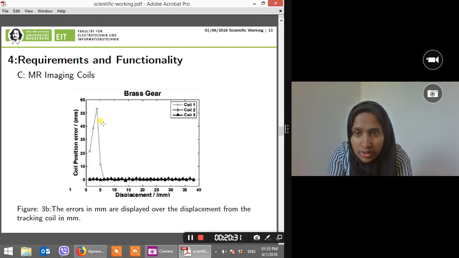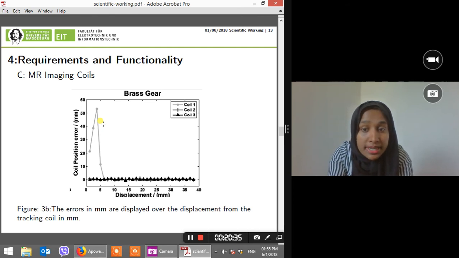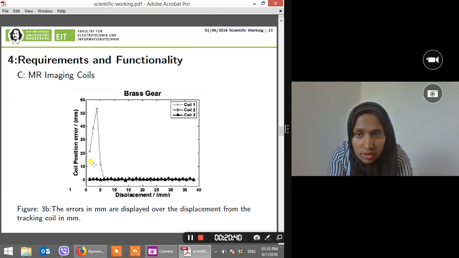Then we come to the second, the errors in millimeter displacement from the tracking coil, in which also the first coil is facing the vicinity of metals, so it shows some abnormal behavior at the start, but then it comes toward the optimum level.